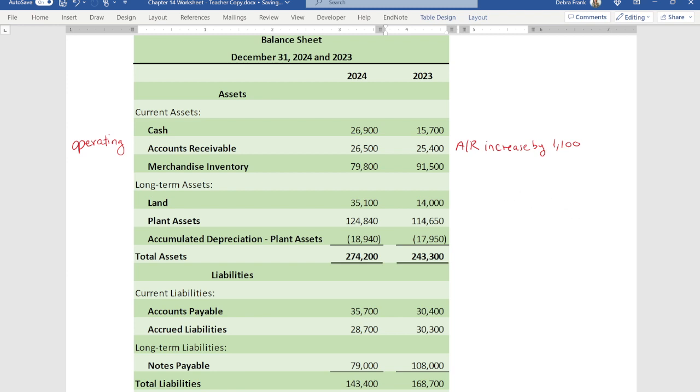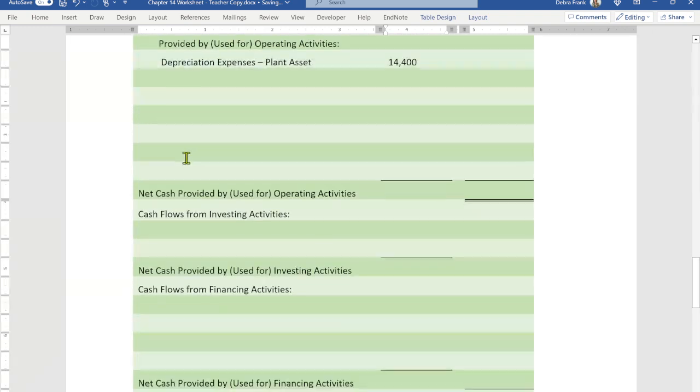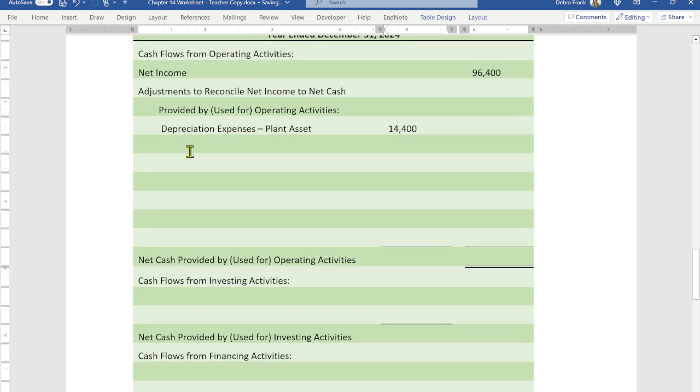So on our statement of cash flows, we're going to write accounts receivable with a decrease. That was our analysis for what happened to accounts receivable. So let's write that it was an increase in accounts receivable from the previous year. And so that increase would be reflected by a decrease in cash.